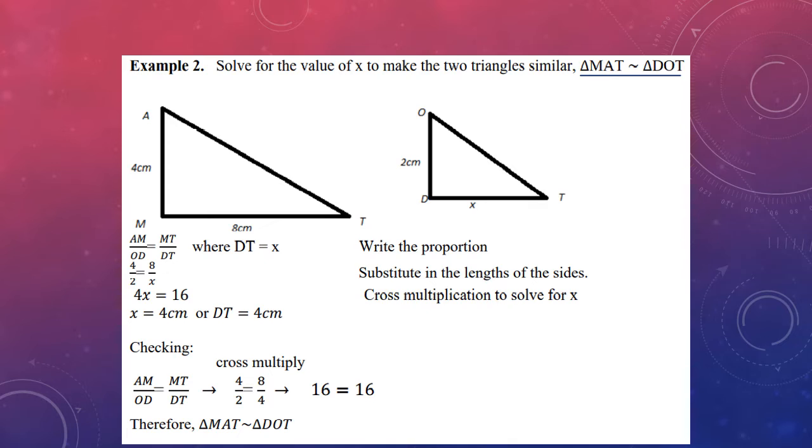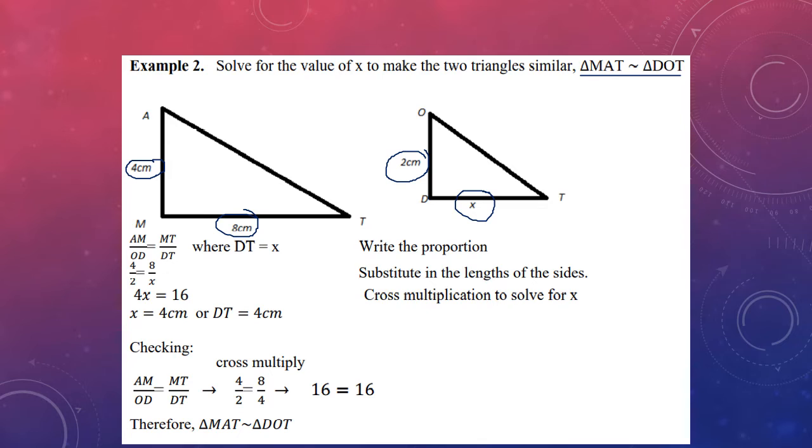Then we have the following measurements. AM is 4 centimeters. MT is 8 centimeters. In the second triangle, OD is 2 centimeters. Then we have the unknown value of DT, represented by the variable x. So we're going to find DT or the value of x.